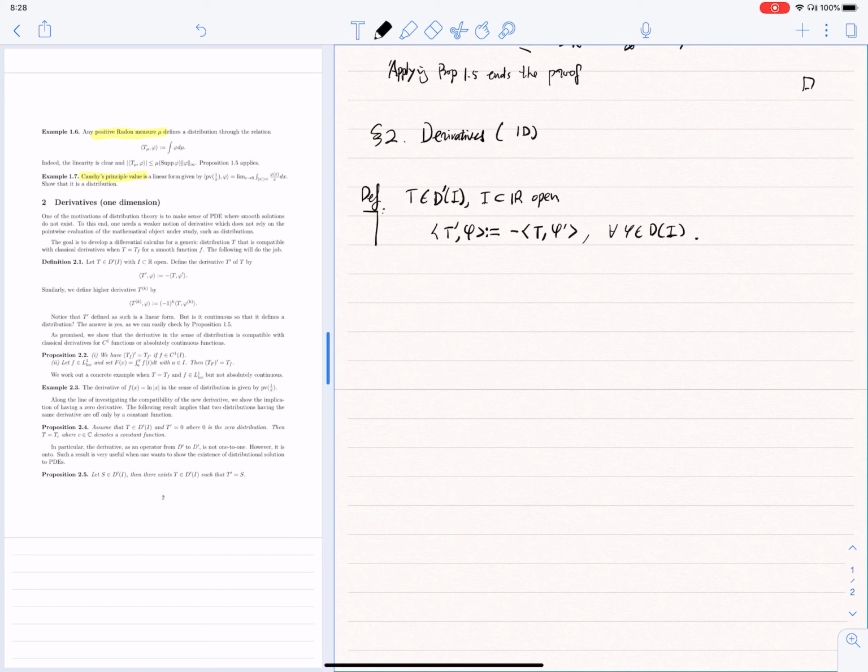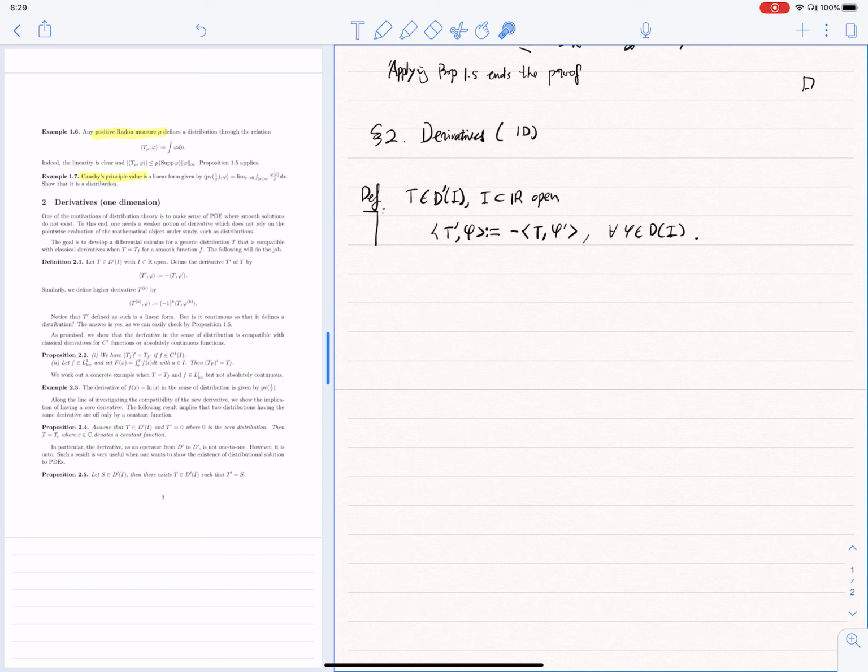Okay, so the right-hand side defines a finite number because T is assumed to be a distribution, and when phi is a test function, phi prime is also a test function. Actually, its support is included in the support of phi itself, and it is still a C infinity function.